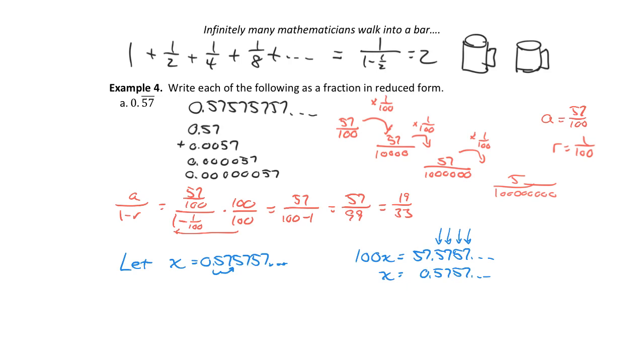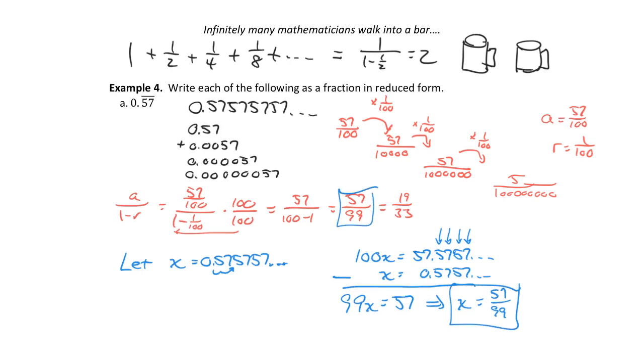So what we can do is subtract each side independently. 100x minus x will give us 99x. 57.5757 minus 0.5757 is just going to be the stuff before the decimal, 57. And lo and behold, if we divide by 99, we get x equals 57/99. Again, same thing. Okay?